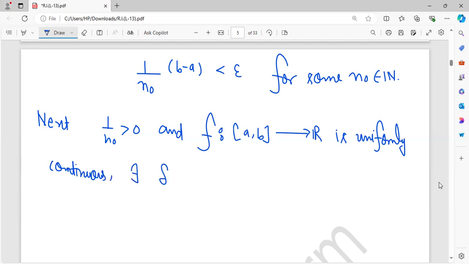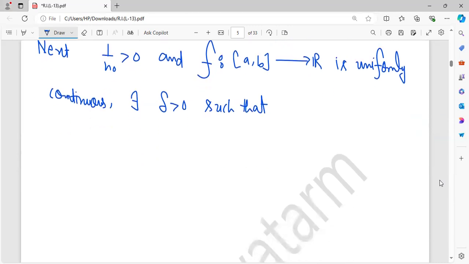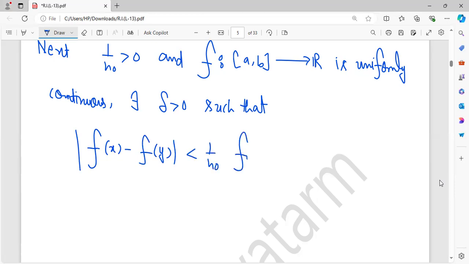There exists delta greater than 0 such that |F(x) minus F(y)| is less than 1 upon n_0 for all x, y belongs to closed interval [a,b] with their distance less than delta. Okay.